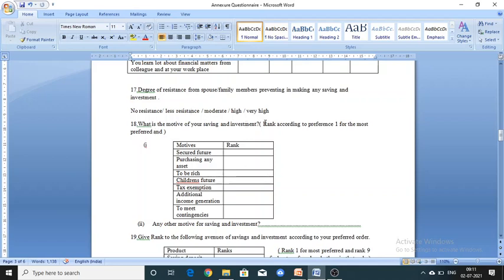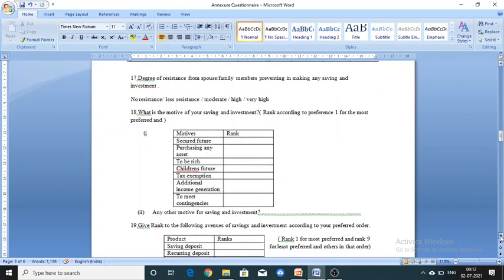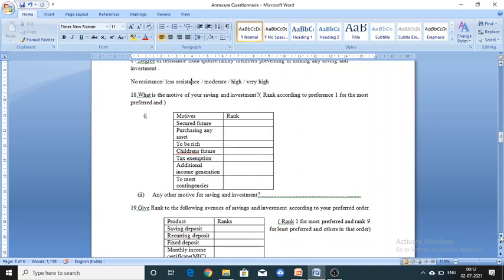Now this is the instruction given, rank according to preference, 1 for the most preferred, and other things are not stated, so you need to complete it. And in this way, if the instructions are given, then you can say the question is framed properly and the respondent does not find it difficult to answer.